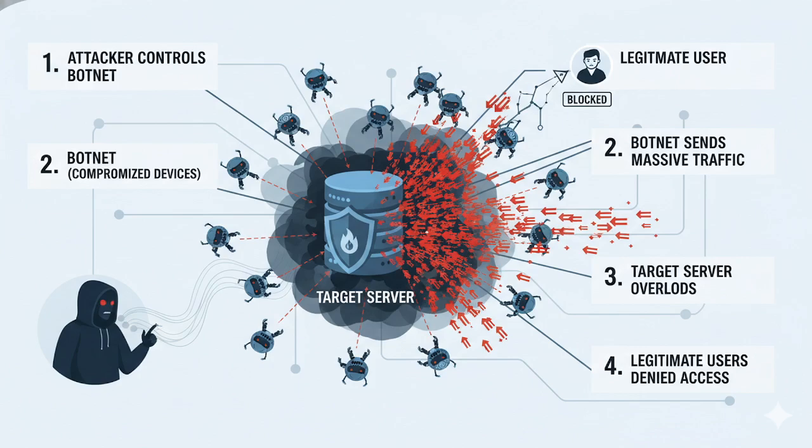Let's understand how a DDoS attack works from this picture. So this diagram clearly illustrates the 4 key steps in a typical DDoS attack, showing how it progresses from initiation to impact. First, the attacker controls the botnet, which is their army of compromised devices.